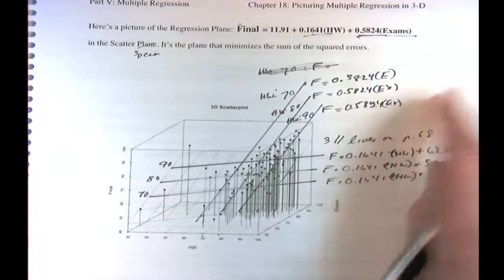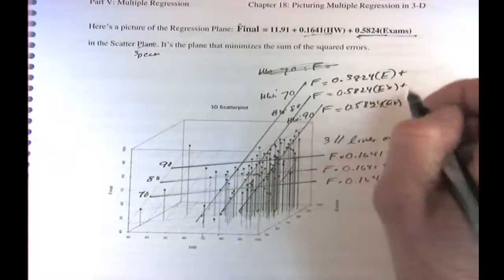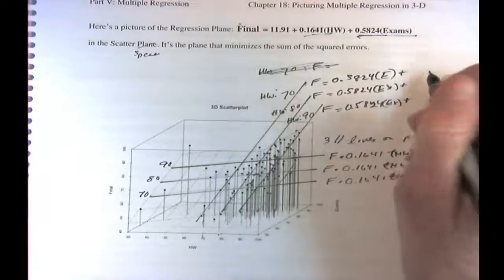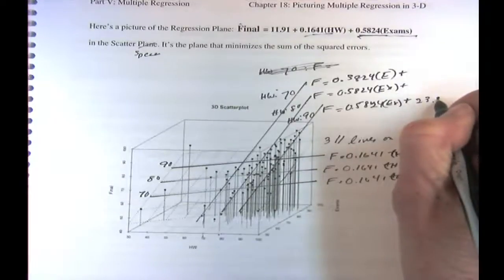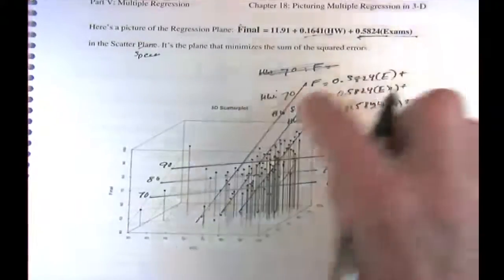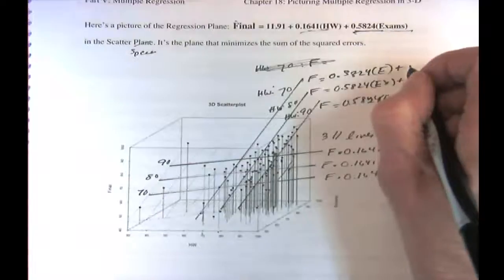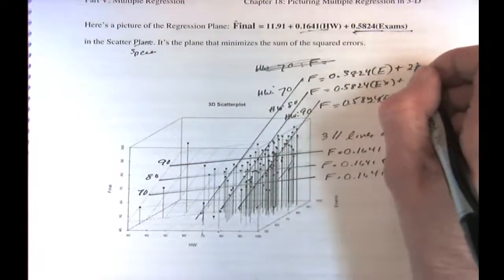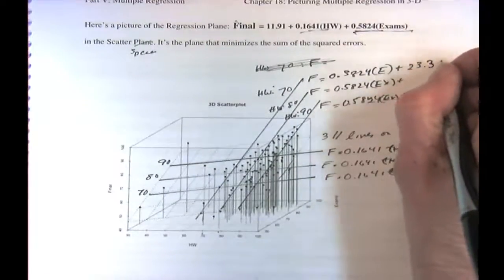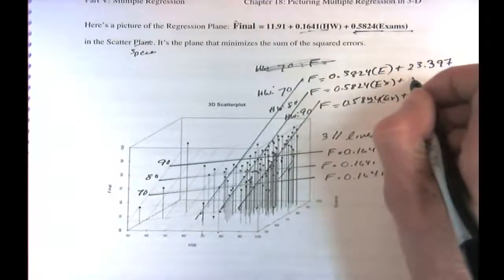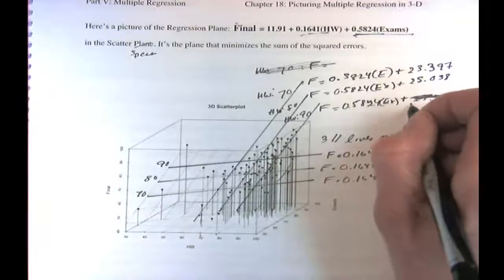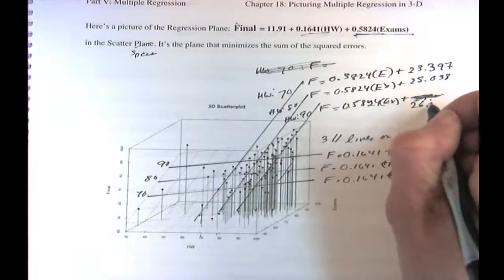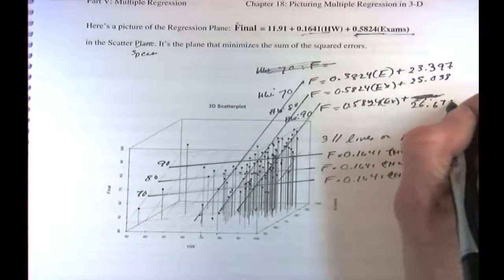But now they have those different intercepts we just figured out. The smallest one should be up here, 23.397. The next one was 25.038. And the last one was 26.679.